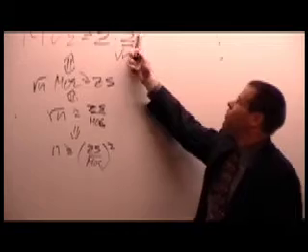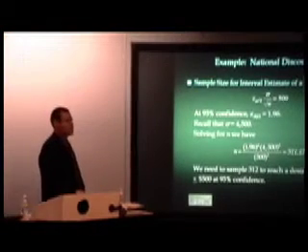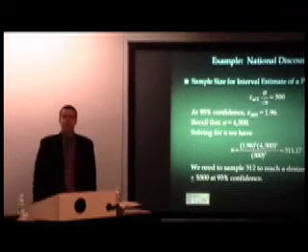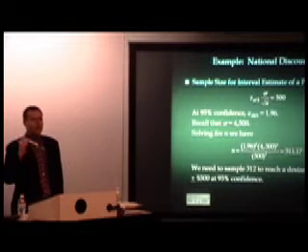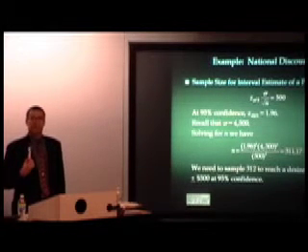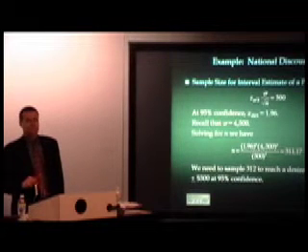S was 4,500, and that allows us to solve for n. We get a sample size of 311.17. You do not round down, you always round up. So the sample size required is 312. Questions on that?